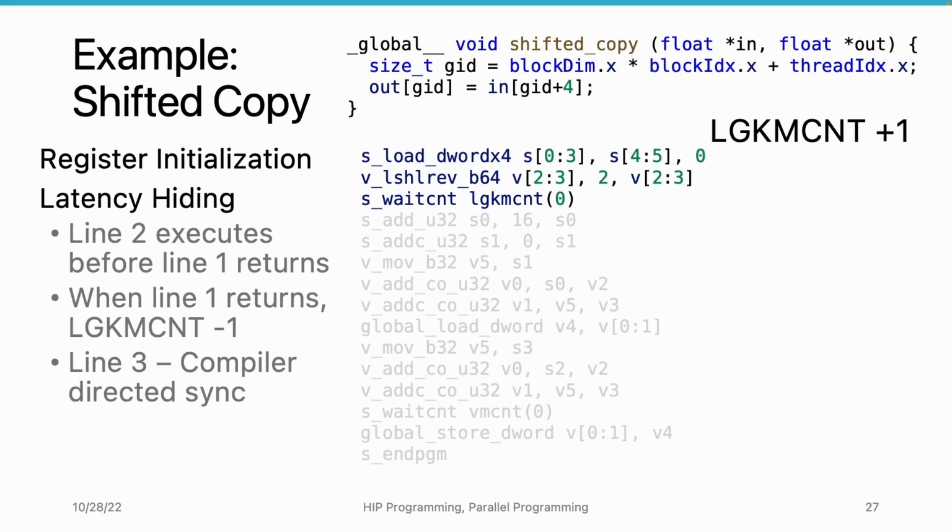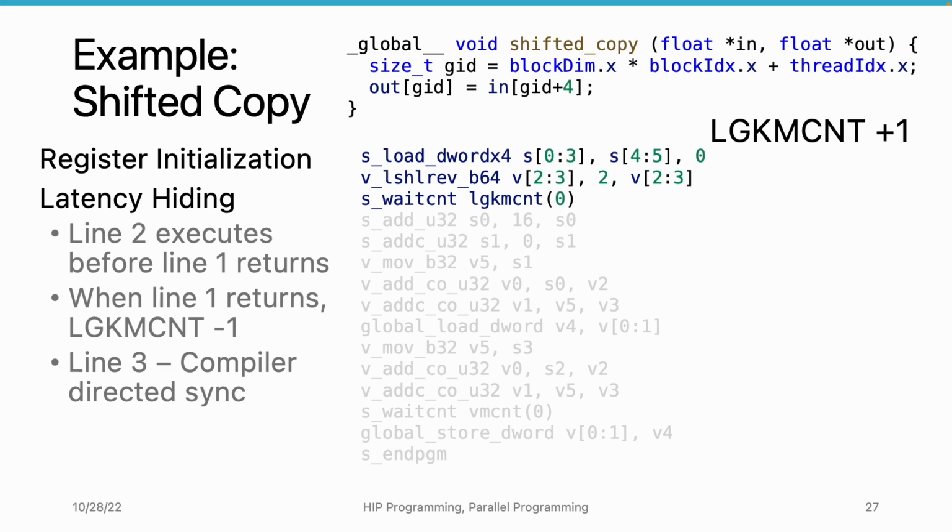When we're executing the first line of code as load dword by 4, we're actually incrementing this LGKM count by 1. So even before this data returns, we can perform the shifting left operation, where there's no dependency on S0 and 3. But in the next instruction, after the swait count, we have SADDU32 and where we need to use S0 and S1.